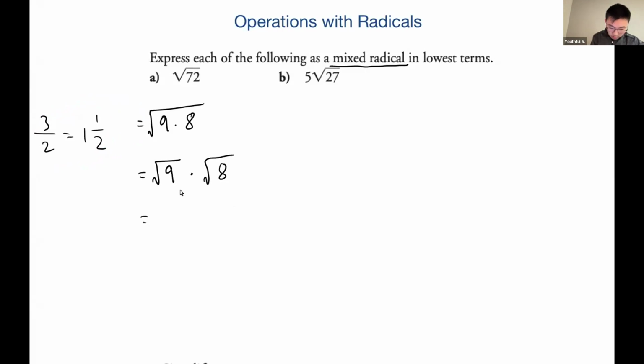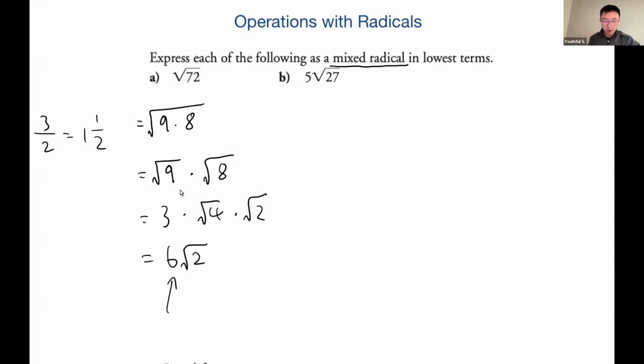And then you can just simplify. The square root of 9 is 3. And then the square root of 8, you can do the same thing. 8 is equal to 4 times 2, which is the square root of 4 times the square root of 2. And so you get 3 times the square root of 4 is 2. So 3 times 2 is 6 times the square root of 2. So there's your mixed radical.